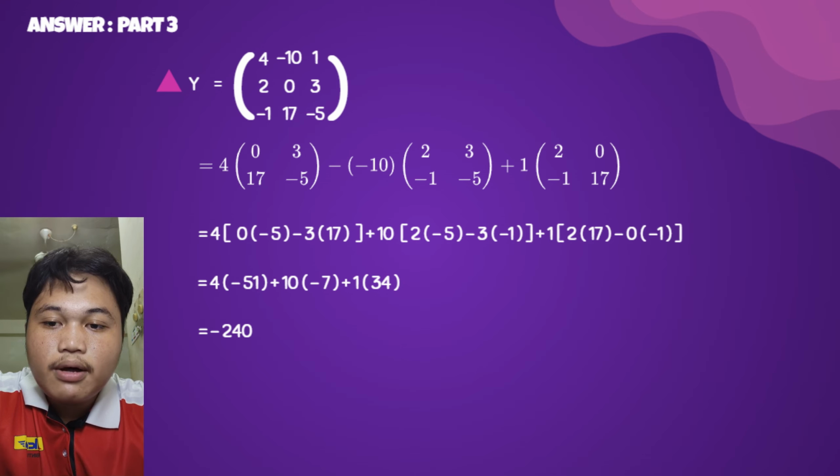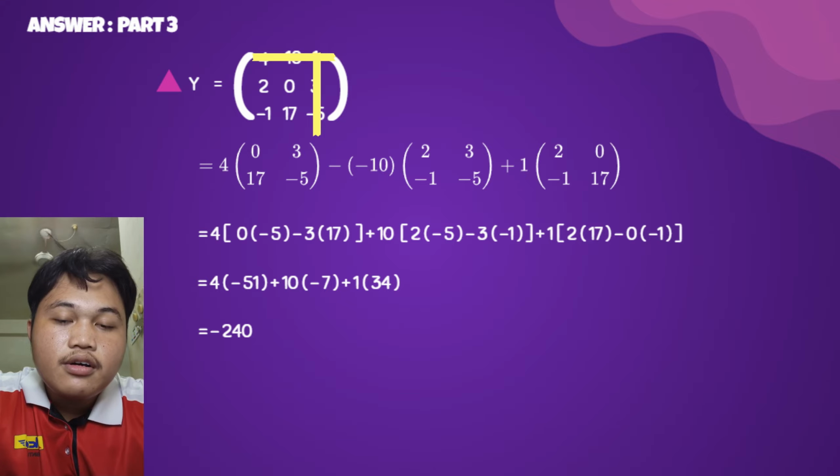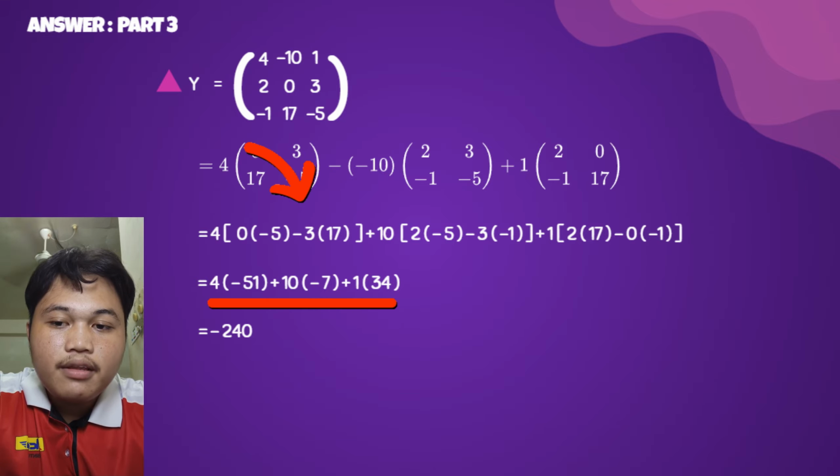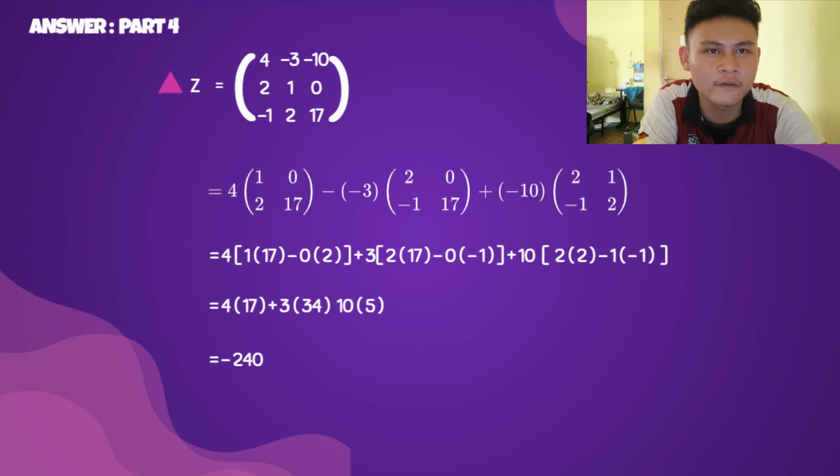Finally, we add 1 times its subdeterminant to get 34. Combining this value, negative 204, negative 70 and 34, gives us our final answer of negative 240. So thank you to my friend Mon for explaining the previous slide.